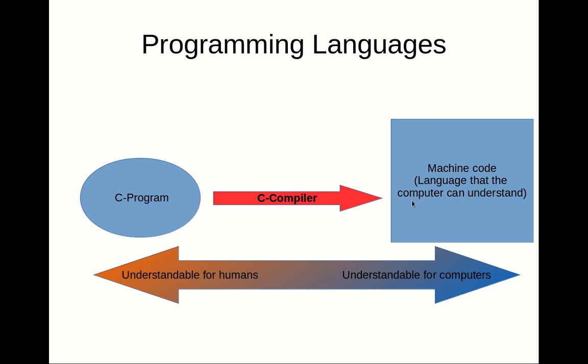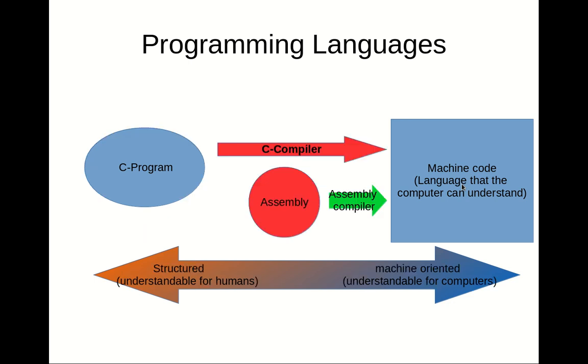That is the language the computer can understand. We can also see the role of the C compiler, basically translating a human understandable program into a computer understandable program. So that would be, if we go back to the first year.